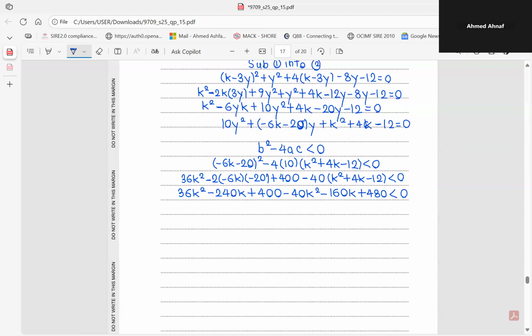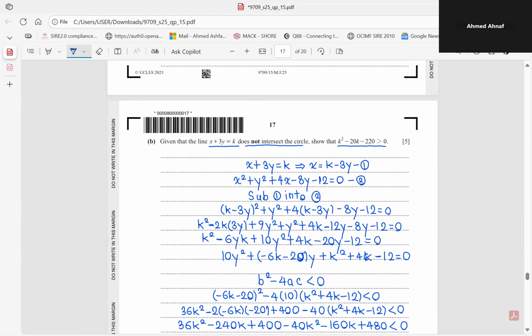Okay, now let's collect all the terms in k squared. So 36 minus 40, that's minus 4k squared, and minus 240k minus 160k, that is minus 400k, and 400 plus 480 is 880, less than 0.